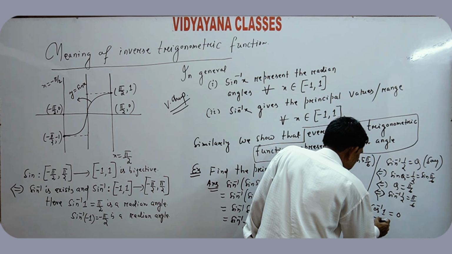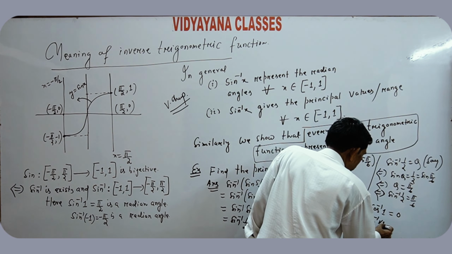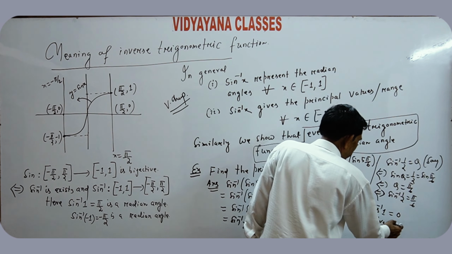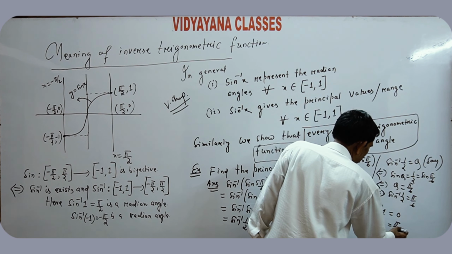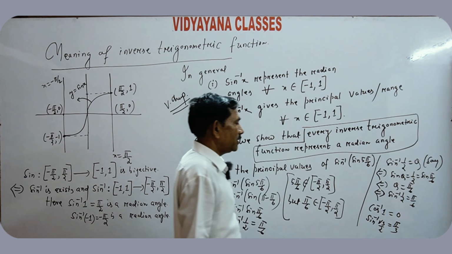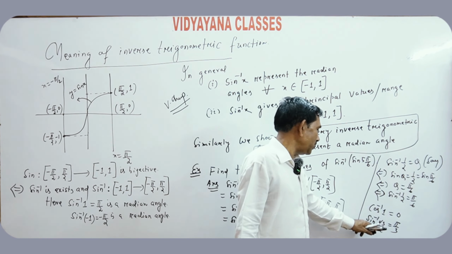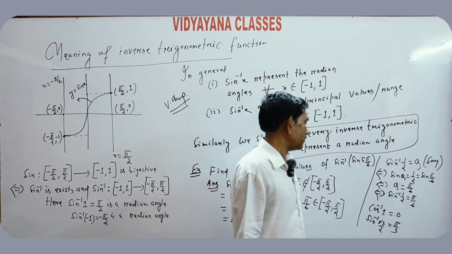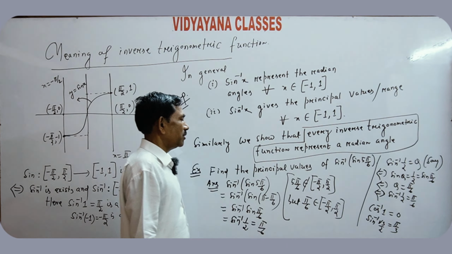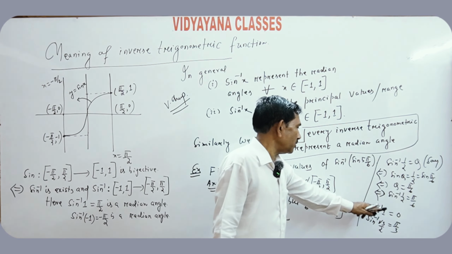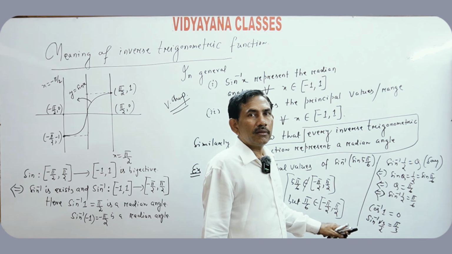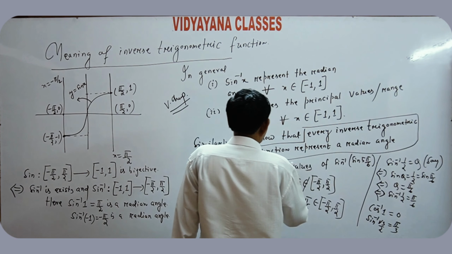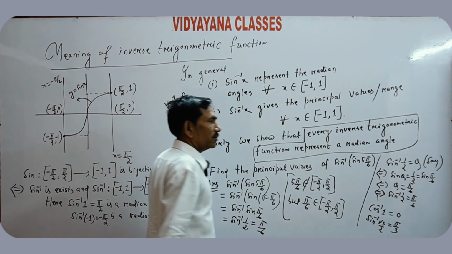Sin inverse root 3 by 2: sine of which angle gives root 3 by 2, that is pi by 3, that means 60 degree. Sin 60 degree is equal to root 3 by 2. Every inverse trigonometric function represents a radian angle.